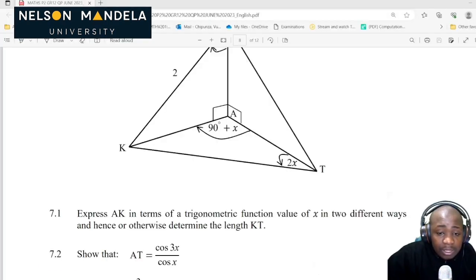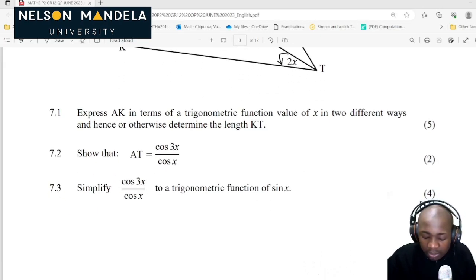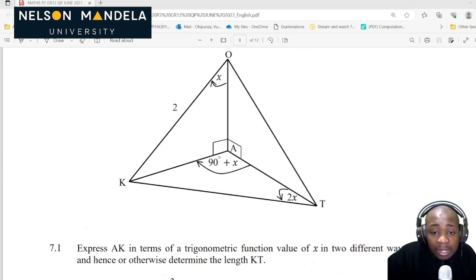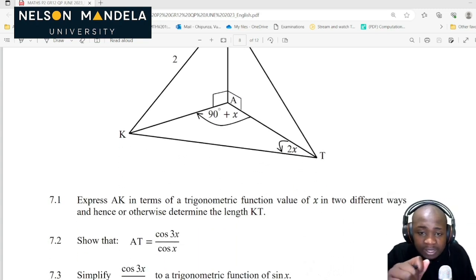Now let's do this. Show that AT is equal to cos 3x over cos x. How can we show that? This is easy because if we look in triangle KAT, we can see that we have 90 degrees plus x, we have 2x. So we want to show that AT is cos 3x over cos x.